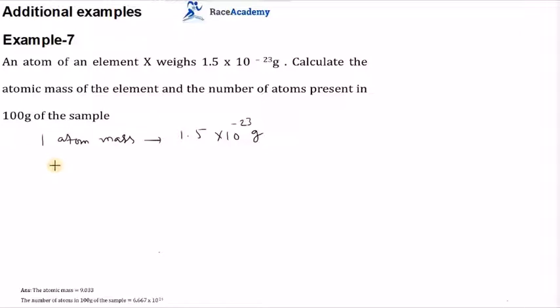But one thing we know before going forward, Avogadro number of atoms is nothing but 6.022 into 10 to the power of 23 atoms. Suppose X is the atomic mass, we don't know that one. Assume X is the atomic mass of that substance.